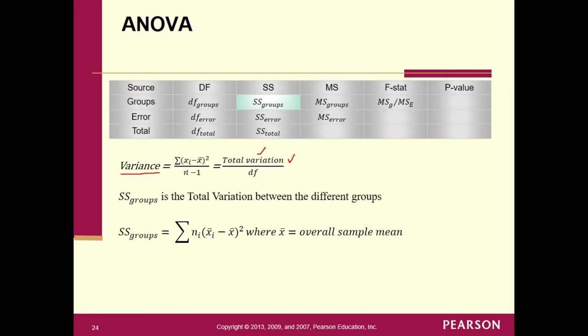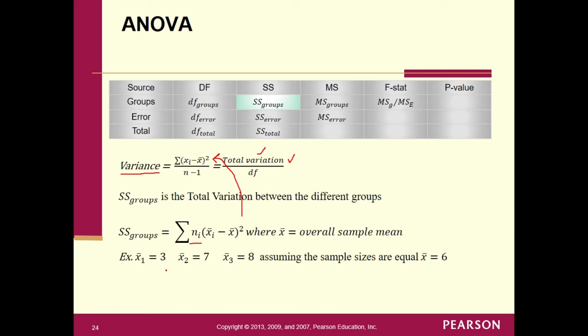So notice here we have the individual group means, the different x bars, and then you have an overall sample mean, this x bar. It's just that we're weighting it based upon some sample sizes here, okay?